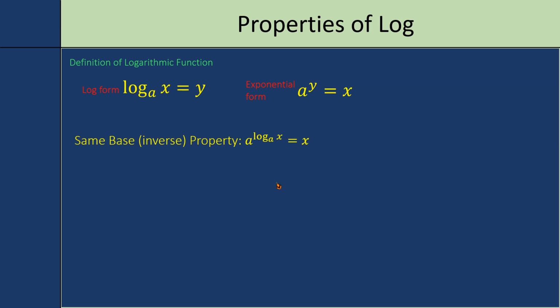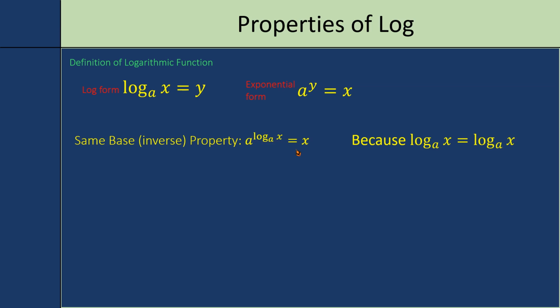All right, here we have some inverse properties, and I think of them as the same base property. Here you have a raised to the log base a of x, and that has to be x. Now this looks really confusing, but if you just cover up that exponent, consider that exponent like a green box. Now we change this into log form. So it has to be log base a of x equals the green box. Now that green box has to be log base a of x.